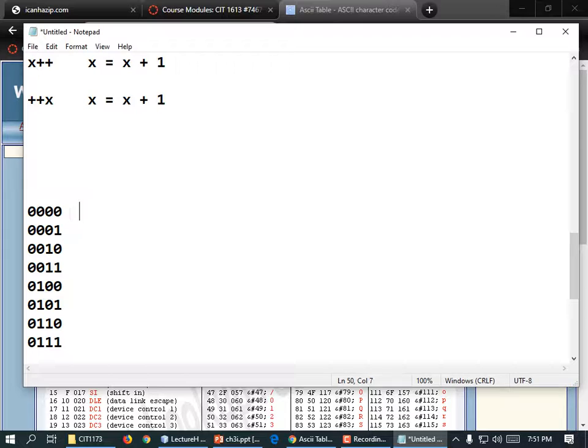then that's equal to a 0, that's equal to a 1, and so on down the line.